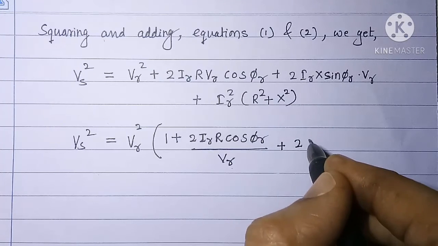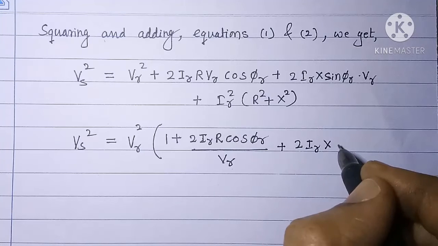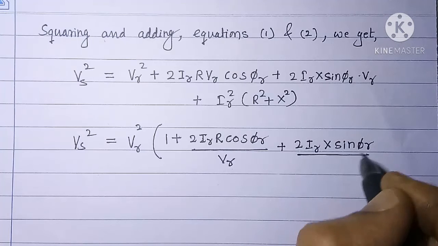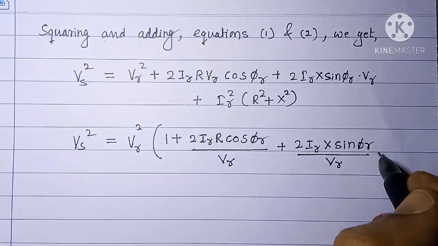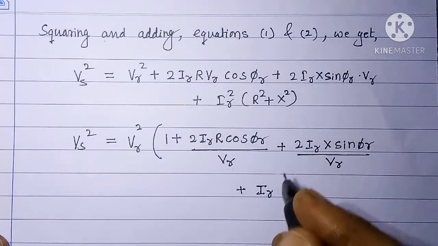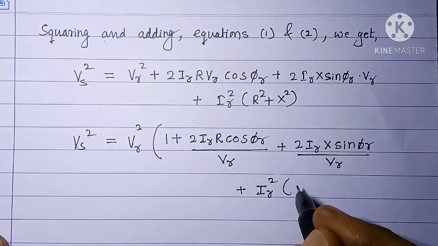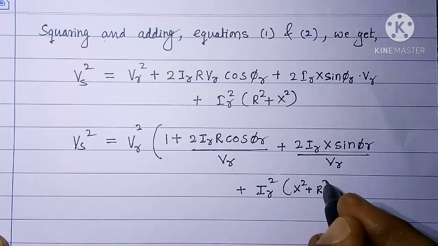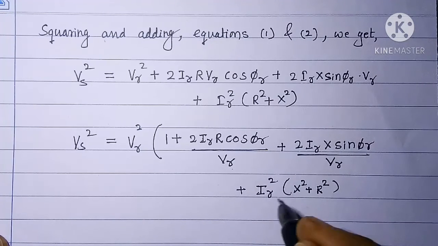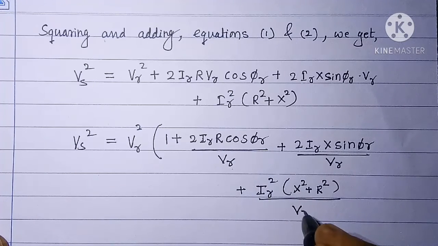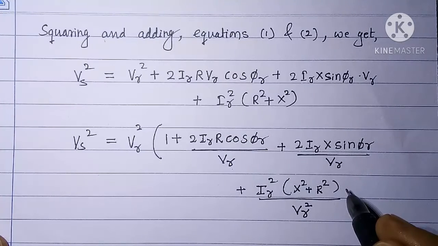So we get here 2 into IR into X into sin phi r divided by VR plus IR square into the bracket X square plus R square by VR square.